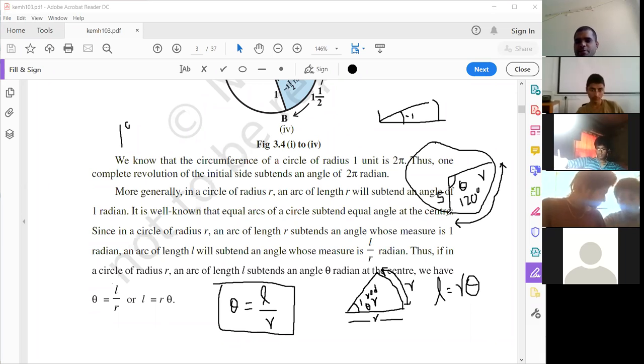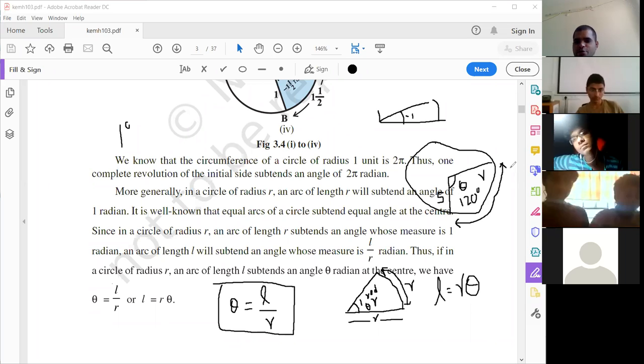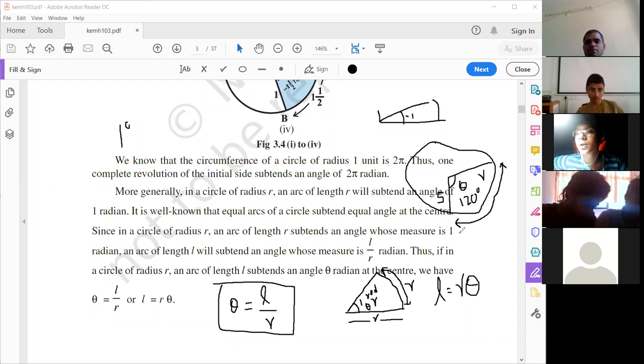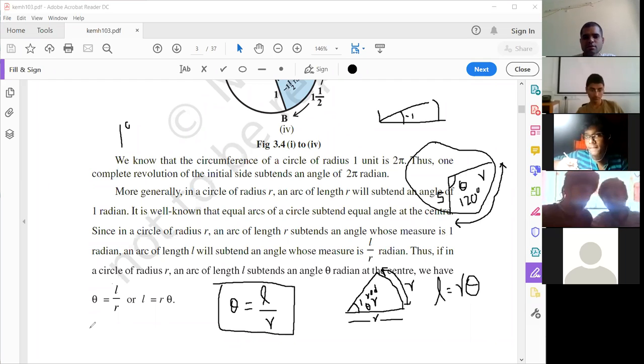The radius is 5 meters and the angle is 120 degrees, so you have to find the length of the arc in meters. And you know this 1 degree is equal to pi upon 180 radians.